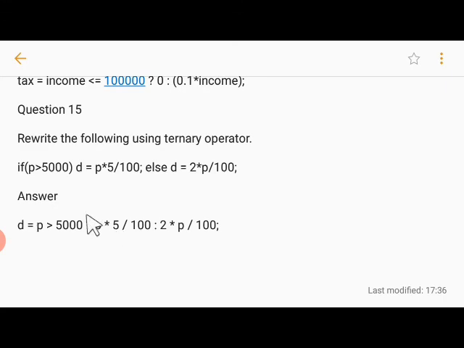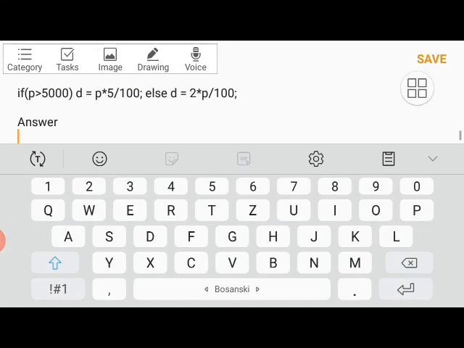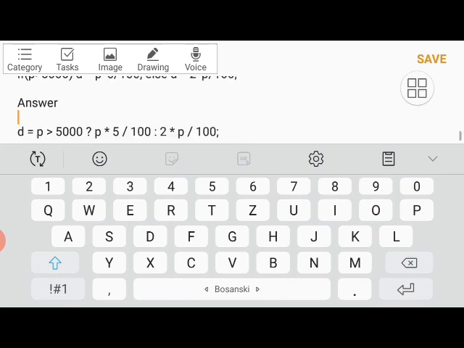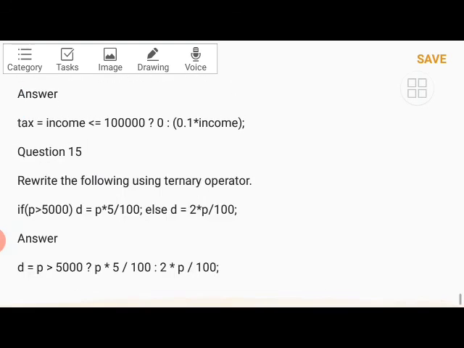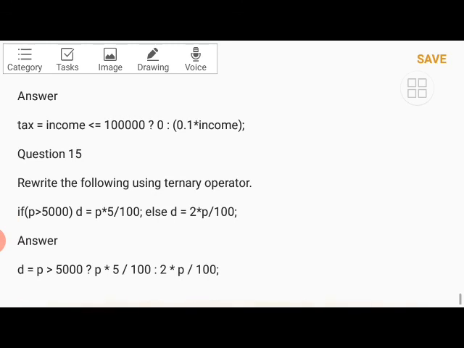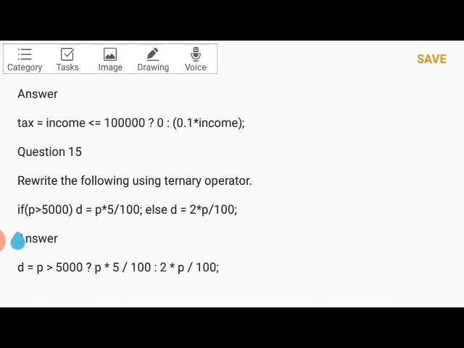So here you see, if P > 5000, then D = P * 5 / 100, else D = 2 * P / 100.